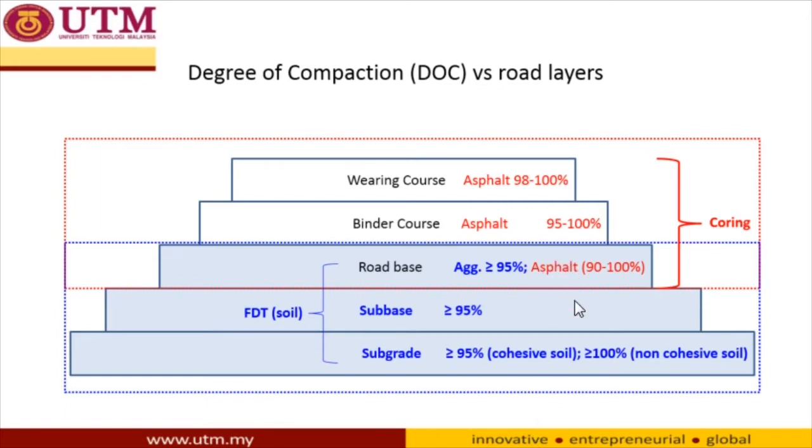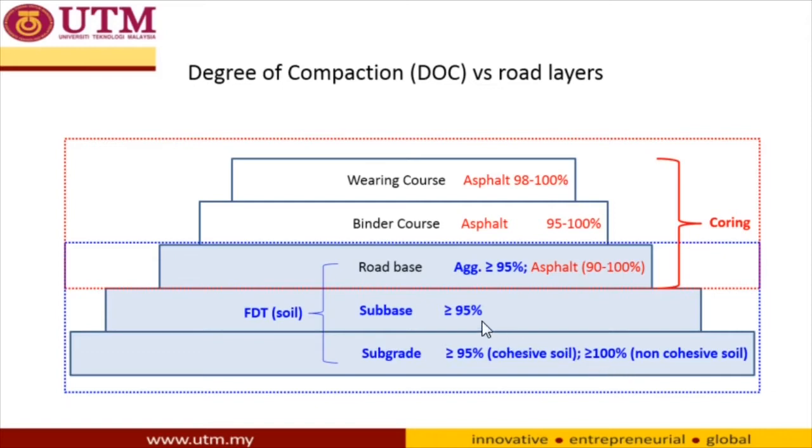For the granular materials, which are specified for use in subgrade, subbase, and road base, highlighted in blue: for subgrade, the target compaction of soil is more than 95% for the cohesive material and 100% for non-cohesive material from the maximum dry density.